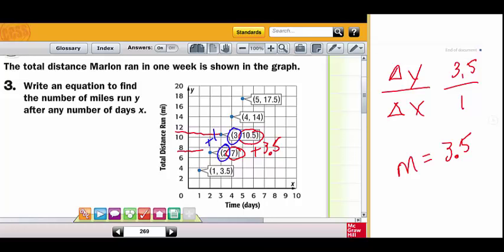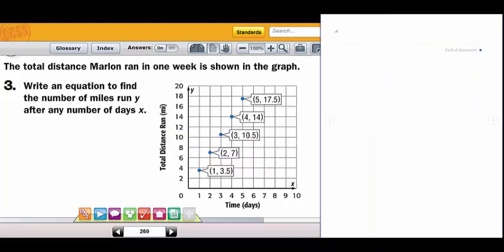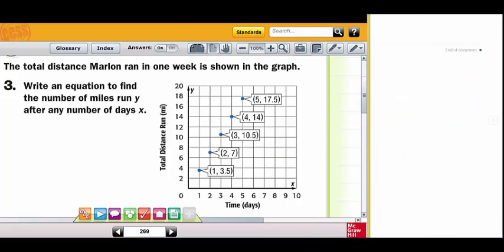The next thing we need to do is look for the y-intercept, because then we can put this in the format of y equals the slope times the x value plus the y-intercept. Again, if we look back over here, we can recognize that from 17.5 down to 14 is a drop of 3.5.